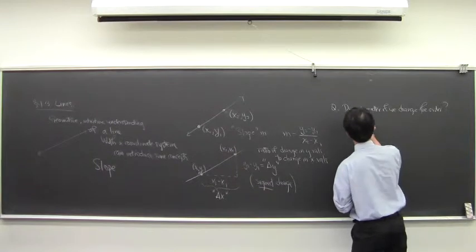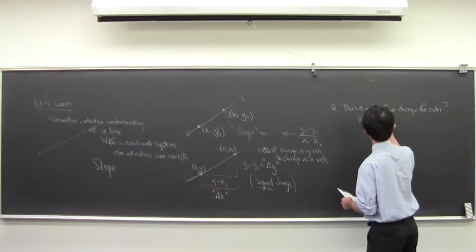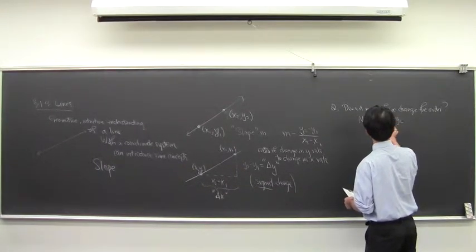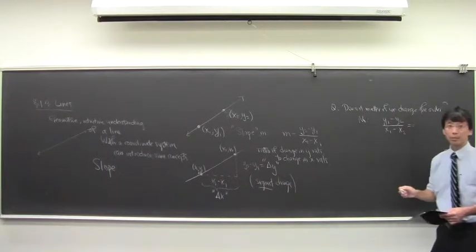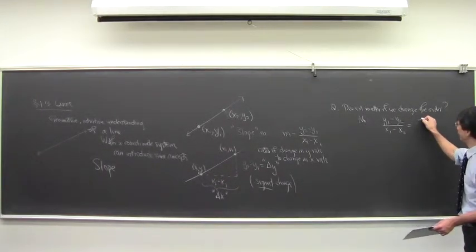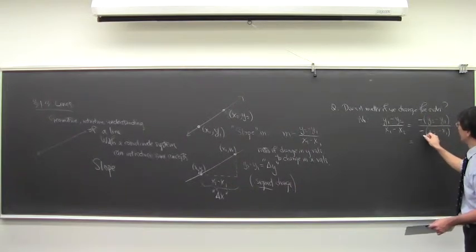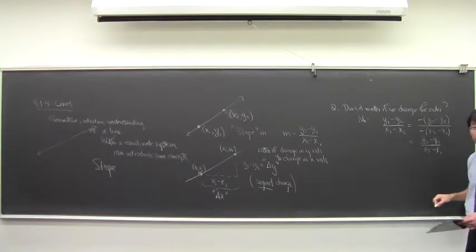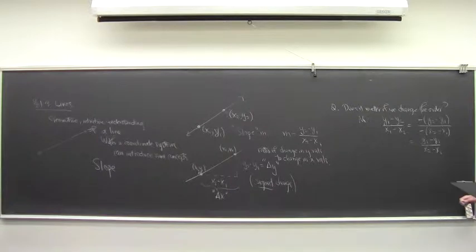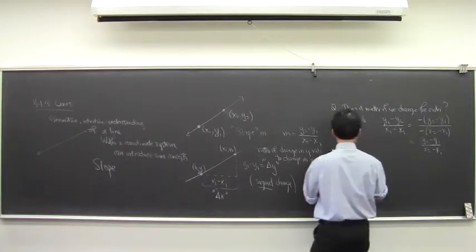And the answer is no. Because if you change the order, you're just going to get y1 minus y2 over x1 minus x2. But that's the same thing as negative y2 minus y1 over negative x2 minus x1, and you can cancel out the negative signs and get the same as you started off with. So it doesn't matter what order.